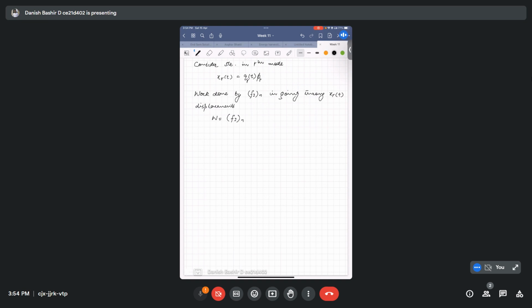Since these are two vectors to be multiplied, we have to take the transpose of the first one, times x_r(t).